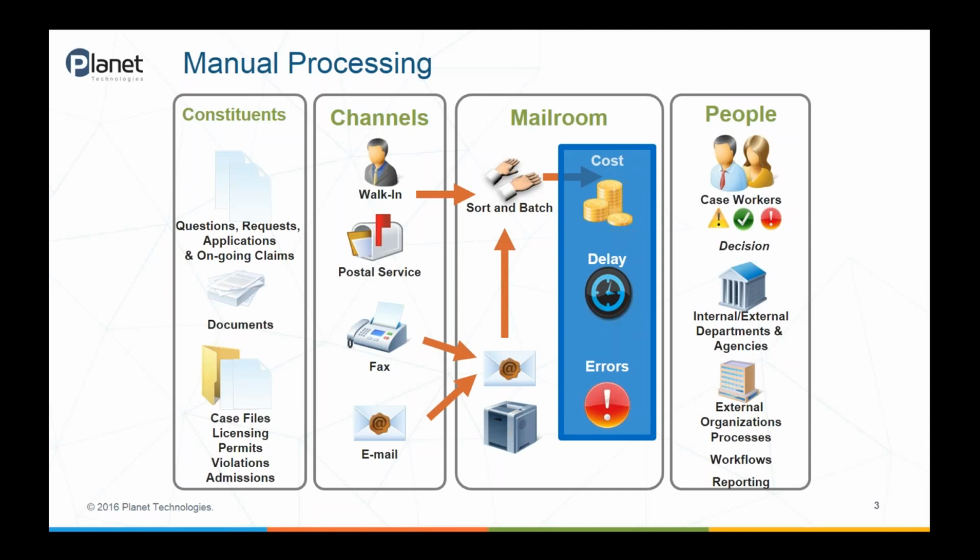They're delivering those through walk-ins, through the postal service, maybe through a fax, or maybe through an email. So we have all these different channels bringing that data back to our government from these constituents. That causes mayhem and confusion in terms of how we're going to process that.